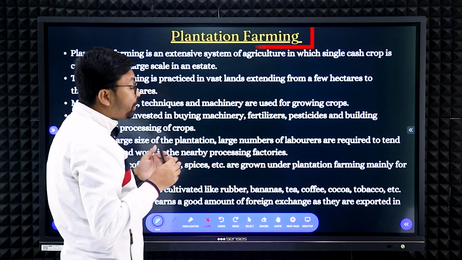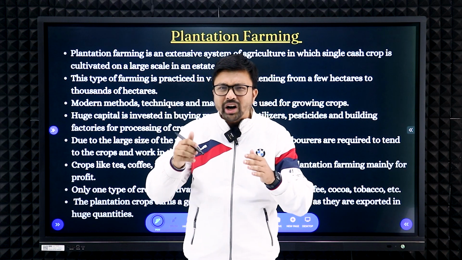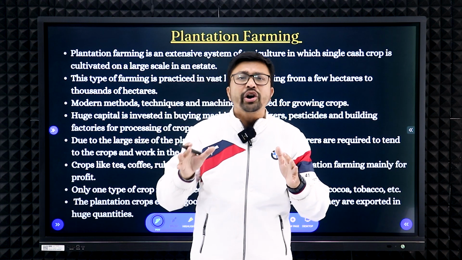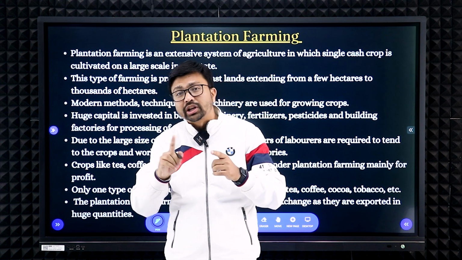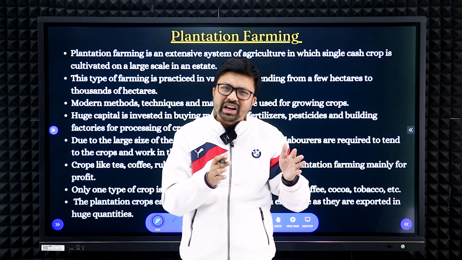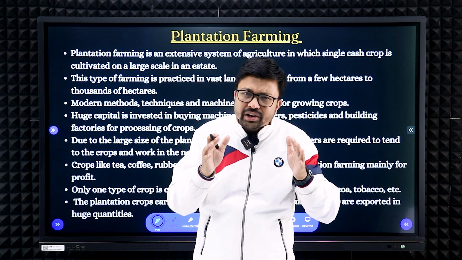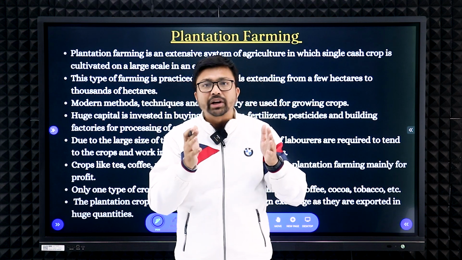And next one, the plantation farming. This is one more step ahead. In plantation farming, they will look at the particular place and which crops or which agricultural production will be suitable for the particular area, right? After doing proper research, in that place they will plant the particular crops.